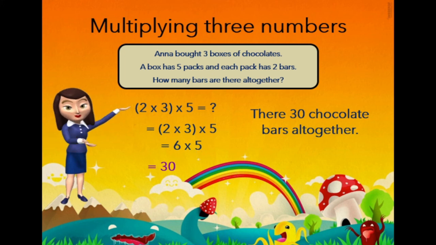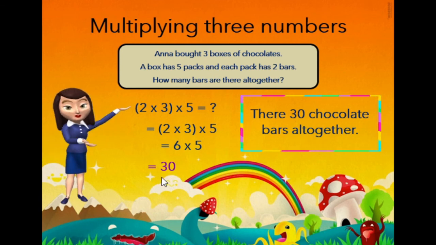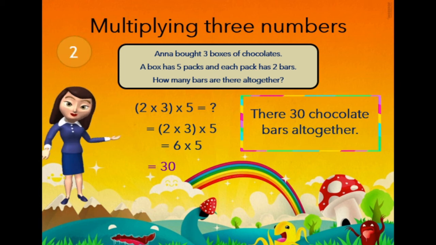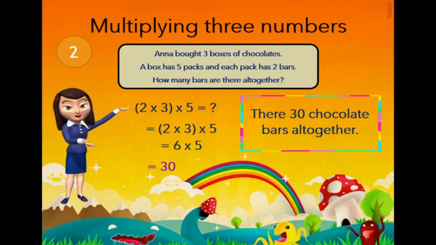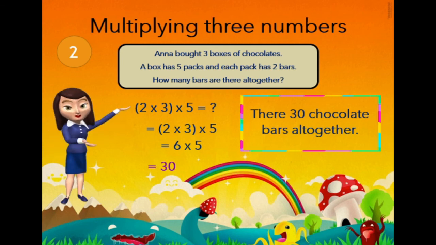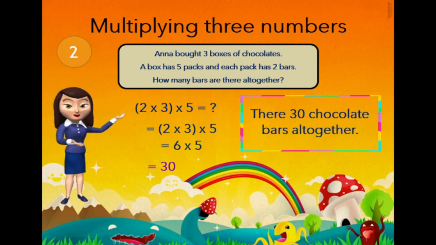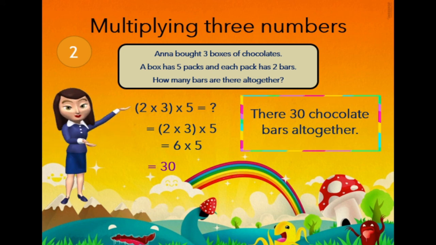That would still bring us to the product or the answer, which is 30. In this solution number 2, there are still 30 chocolate bars all together.